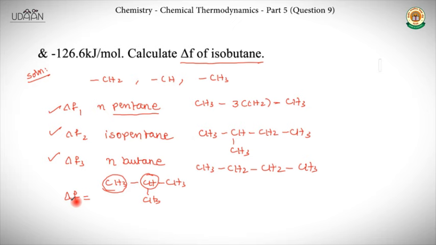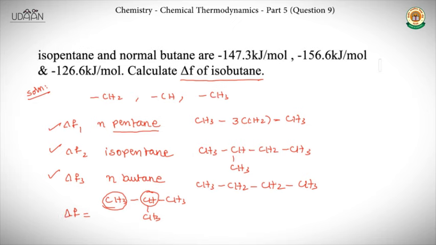So my idea here is that I will form some algebraic equations for delta F1, delta F2, delta F3. Then I will find heat of formation for individual CH3, CH2 and CH. Then I will use those values for calculating delta F formation for isobutane.